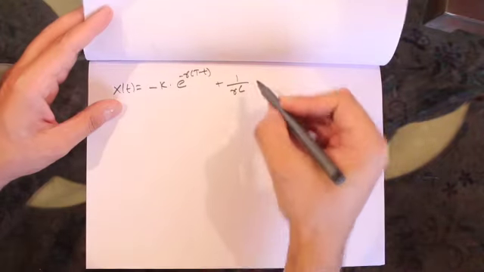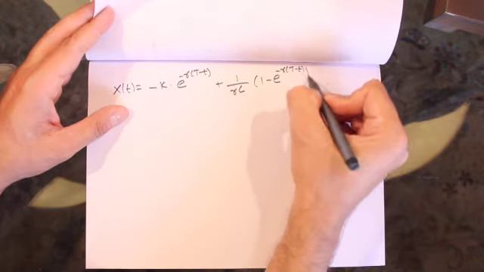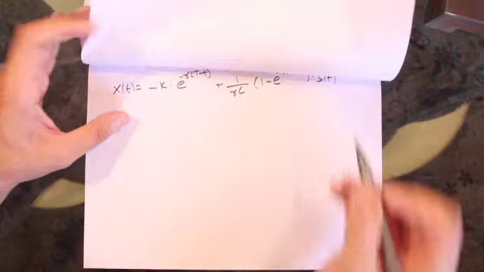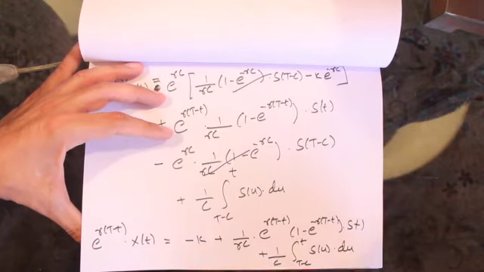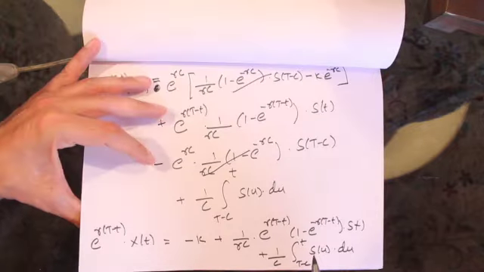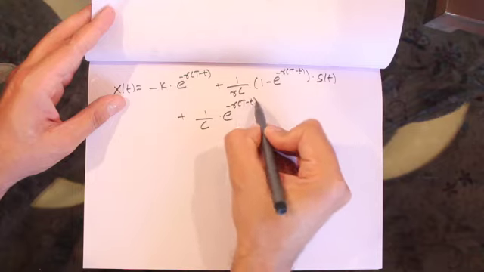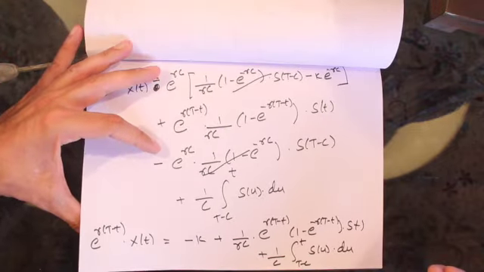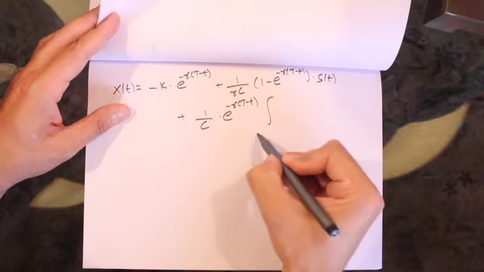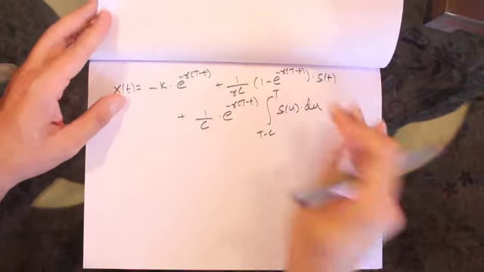This cancels out, 1 minus e to the power of minus r(t minus t) times s(t). That's my this term. And finally I'll get plus 1 by c e to the power of minus r(T minus t), integral from t minus c to t of s(u) du.